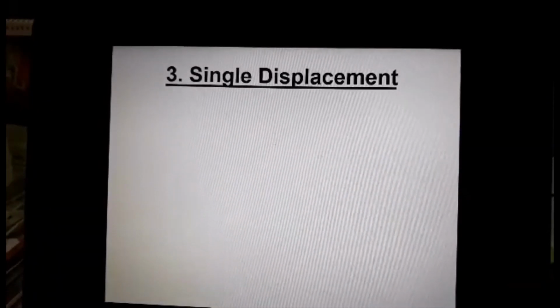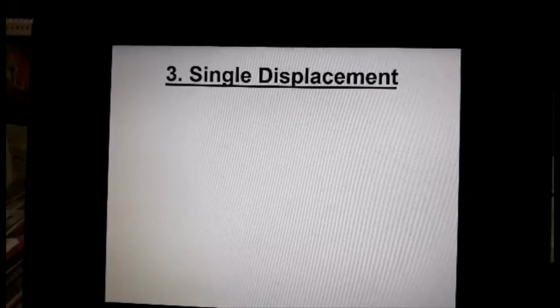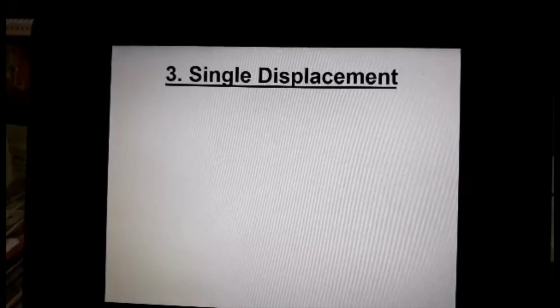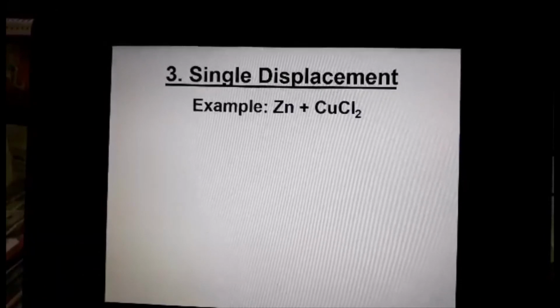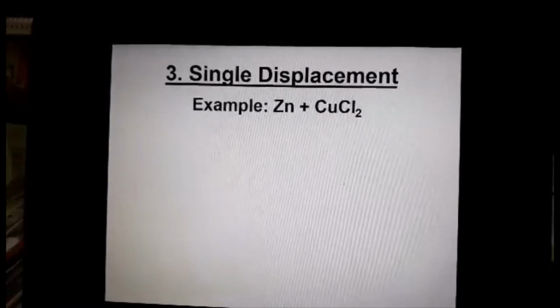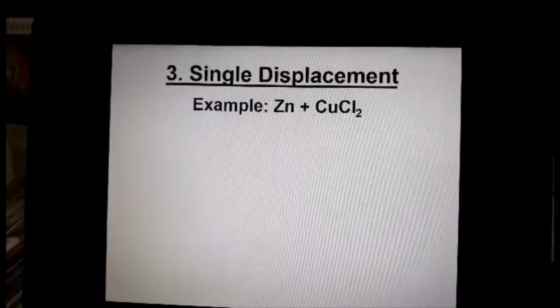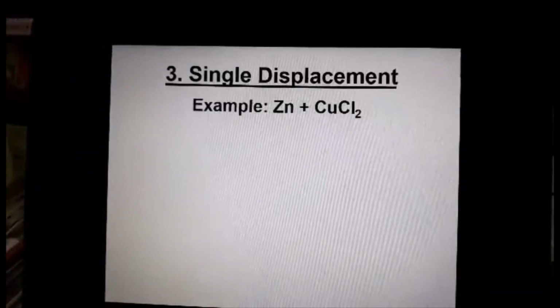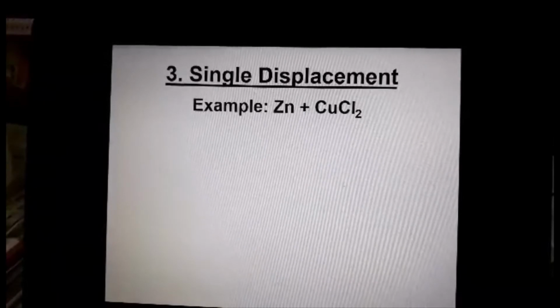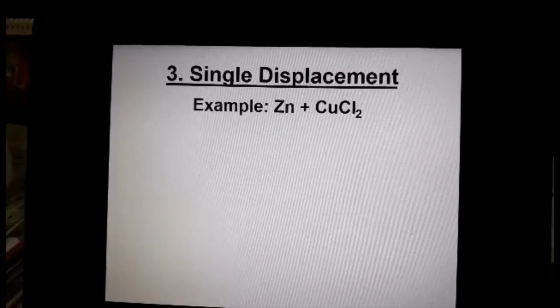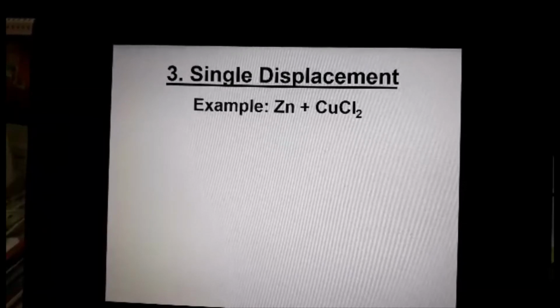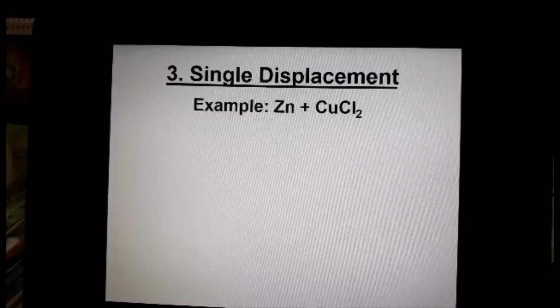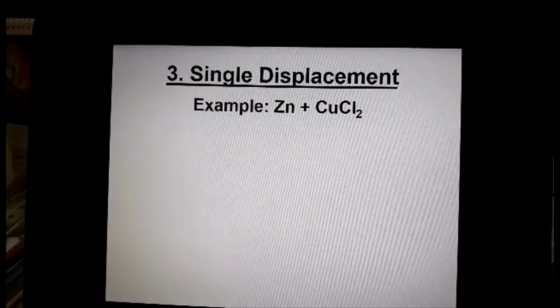And now the third is the single displacement reaction. For example, we have zinc plus copper chloride. This time you have to identify which are the positive ions and which are the negative ions. Zinc and copper are the positive ions and chlorine is the negative ion. You just switch them, but we have to consider the oxidation number of each element.